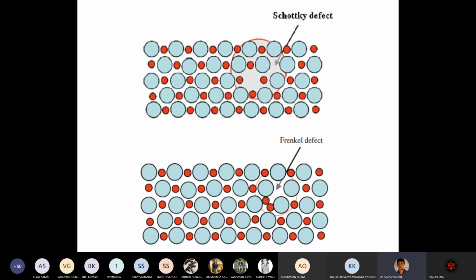Solutes and impurities are classified in that way. So solutes or impurities are examples of extrinsic defects.